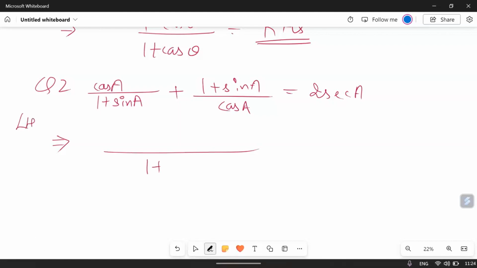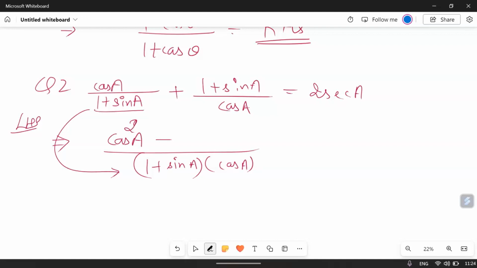We will start with the LHS. 1 plus sin A, cos A, we have taken the LCM. So cos A multiply cos A will be cos square A, plus 1 plus sin A whole square.